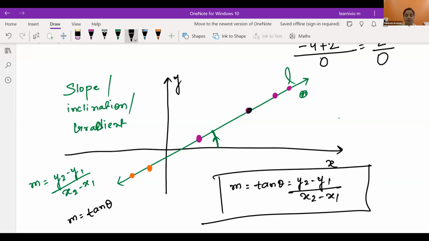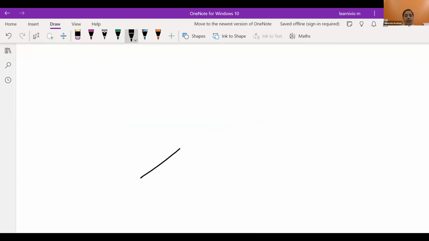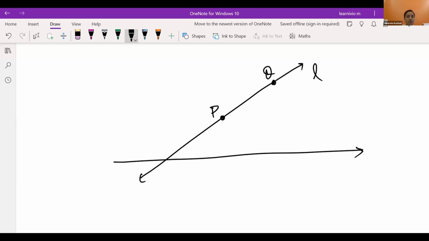What we did, we took a line like this, the same line L. On this line we took 2 points, P and Q, and of course here x-axis and somewhere y-axis like this. Now we are trying to find the slope by using these 2 points P and Q. Whenever you have to check the inclination, you can draw a line parallel to x-axis anytime, anywhere.